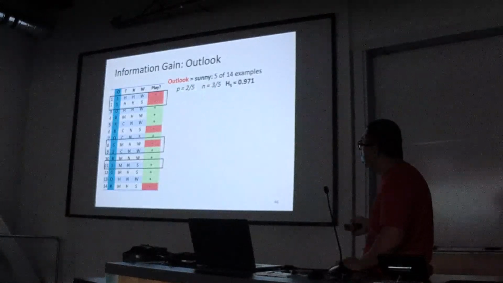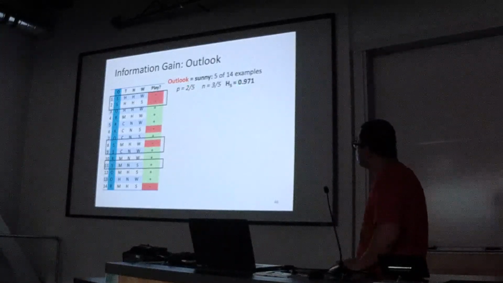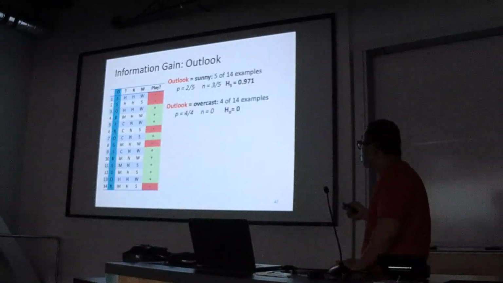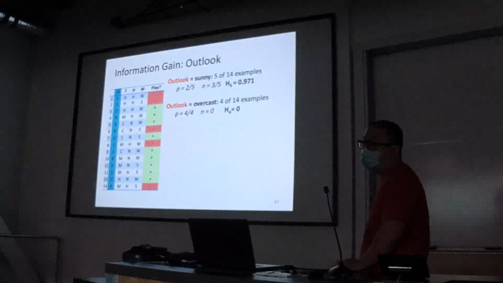Just substitute P and N with their actual values in the entropy formula, and you get entropy 0.971. And then we should look at the overcast examples, where Outlook takes the value overcast. You have 4 actual examples here, here, here, and here. And it's good to see that all 4 examples are positive, meaning that you have reached the maximum purity. The entropy is simply 0.